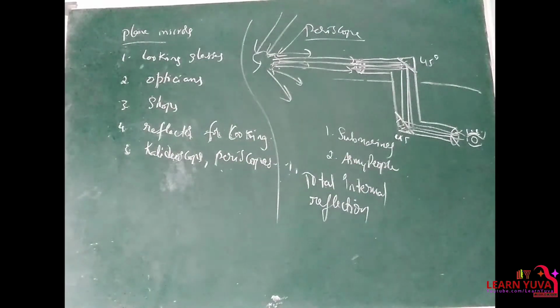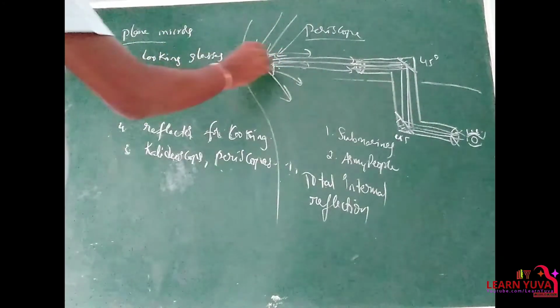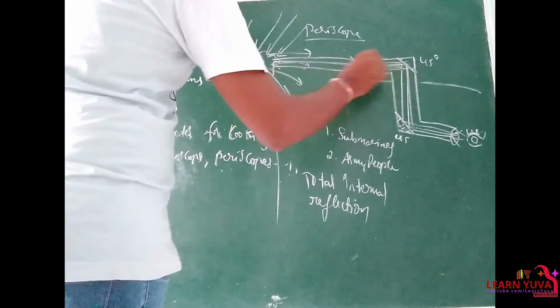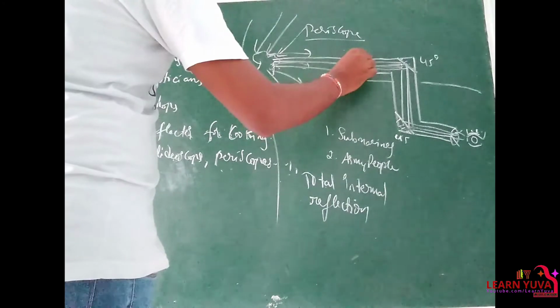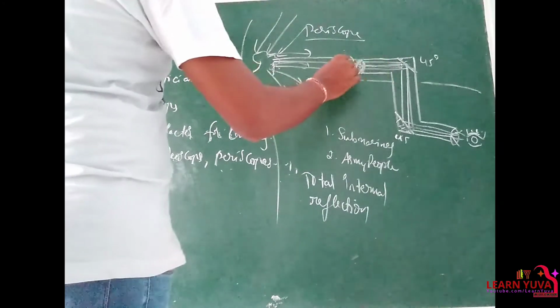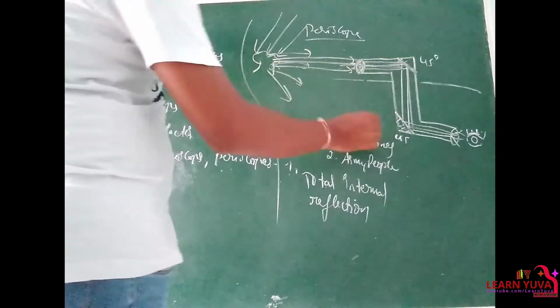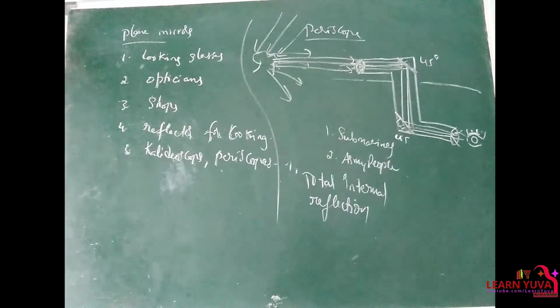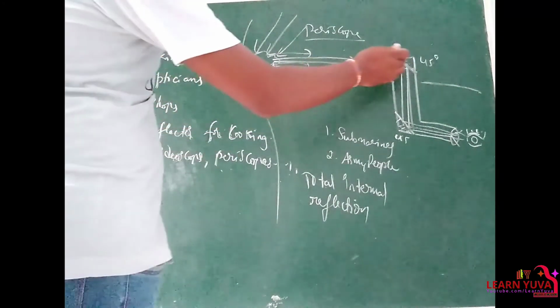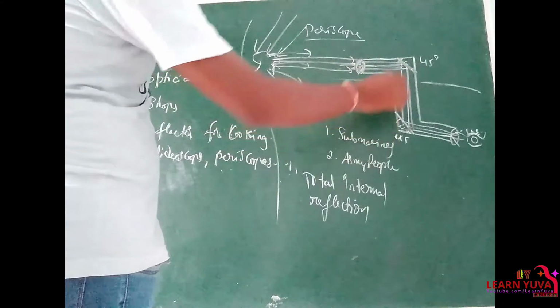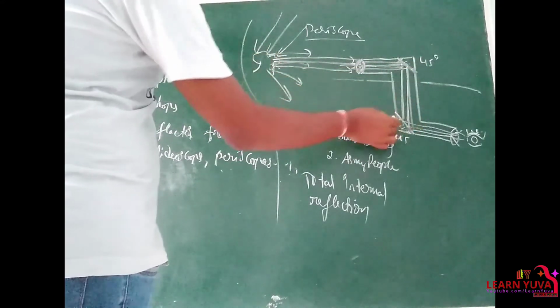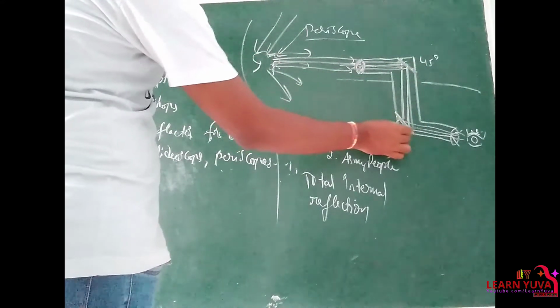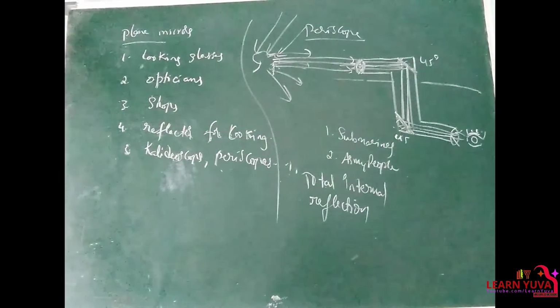Whenever the light rays from the object enter the open place of the periscope and fall on the first mirror, the mirror is placed at 45 degrees, so that the light rays which fall on the mirror get reflected in this direction. And again here also it is a plane mirror placed at 45 degrees.